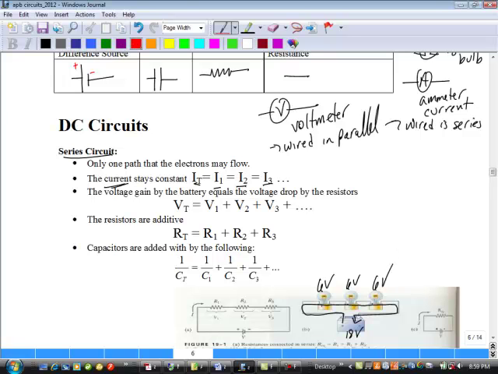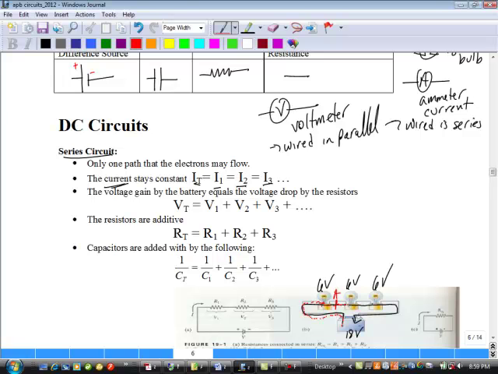So if I was following along the path here, these electrons have 18 joules per coulomb of energy. Now, how much of it gets used up in this first light bulb? Hopefully you can see that 6 of it gets used up. And so at this point A, how much potential do I have? I have 12 volts left.